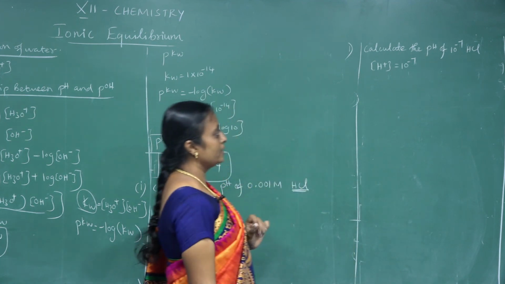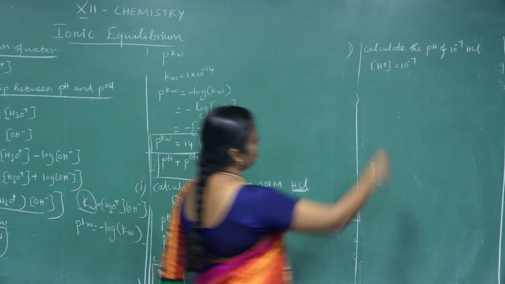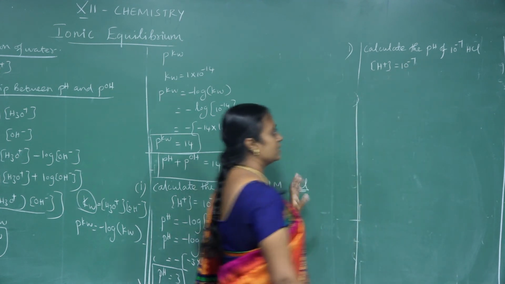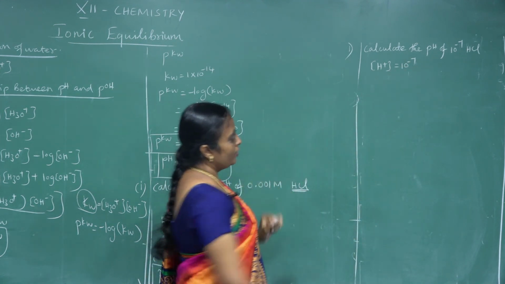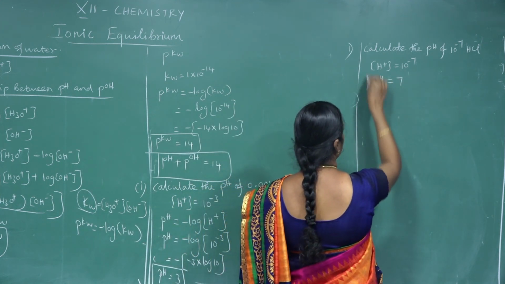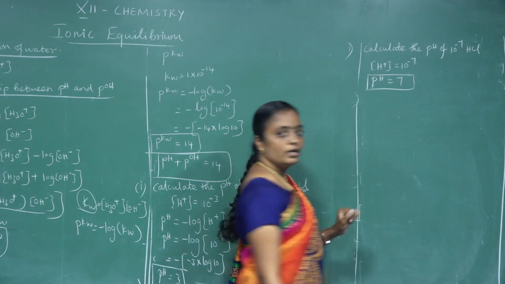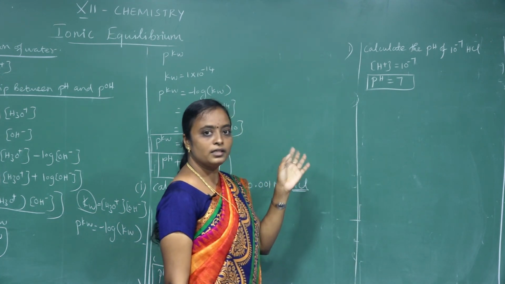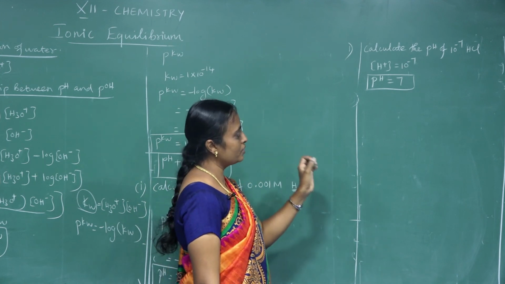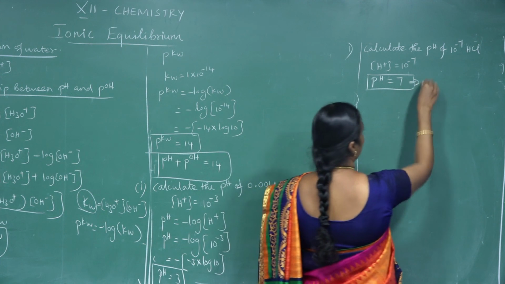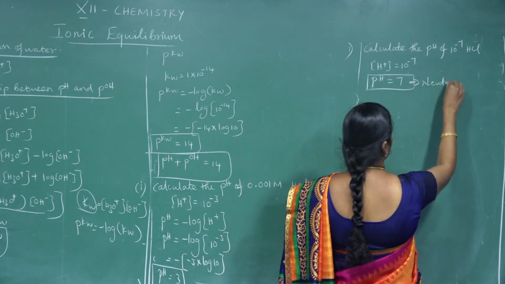By substituting the concentration of H plus as 10 power minus 7, we are going to get the pH value equal to 7. Okay. So if the pH value is equal to 7, how can you say that this is an acid? It is not possible. Definitely the pH value equal to 7 means it should be a neutral solution.